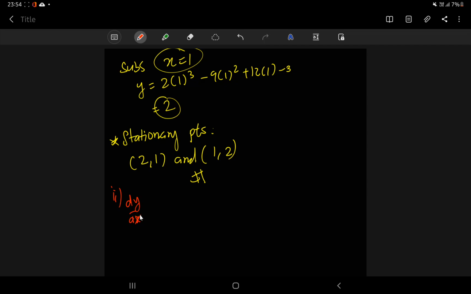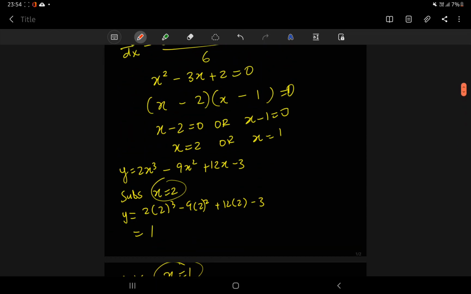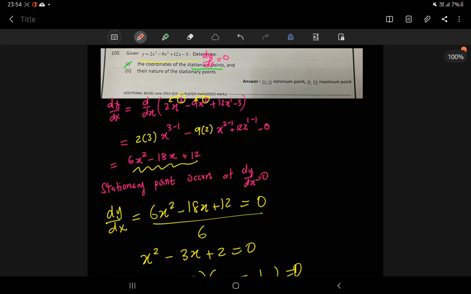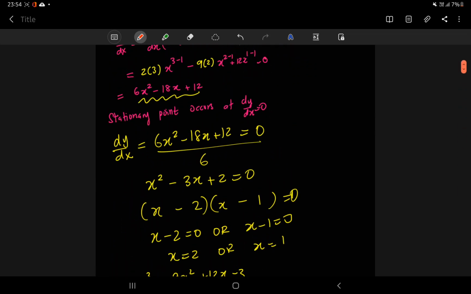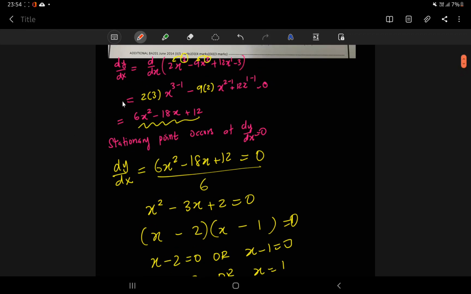The second derivative d squared y over dx squared, we just take the derivative of this once again.